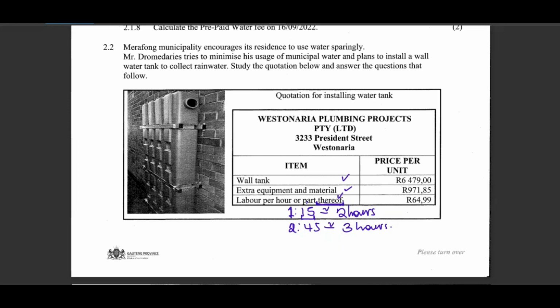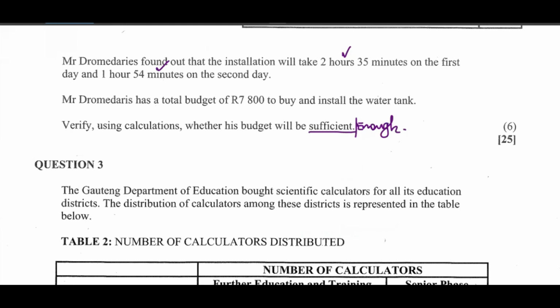So we've looked at the amount he's going to pay. Here we shall say he has to buy the tank, which is 6,479. On top of that, he has to buy extra equipment and material worth 971 rands 85 cents, plus the labor. Now let's analyze this labor. 2 hours and 35 minutes on the first day, remember our part thereof, so this will be 3 hours. There's no compromise. Then we have 1 hour and 54 minutes, this will be 2 hours.